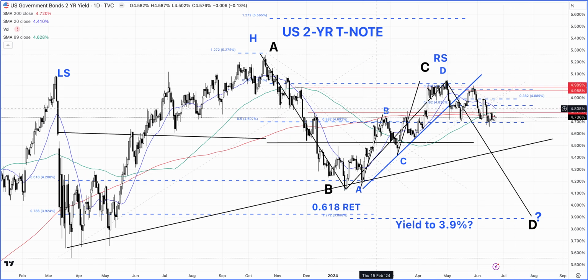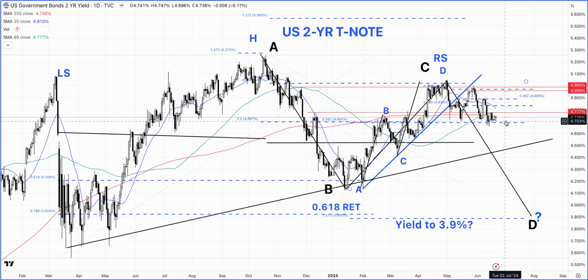This 38.2%, which comes around 4.7%, is acting as a support level. There is some structural support here as well. So the market comes and tests this level, then it goes and tests the upper part of the range. So it's basically a range bound market, but it is causing a fair amount of volatility in other markets such as the stock indices.